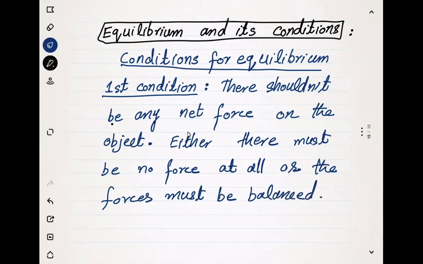So in any case, there will not be any net force. So the first condition of equilibrium is about forces, and it says that there should not be any net force on the object. The two possibilities are either there will not be any force at all, or the forces will be balanced.